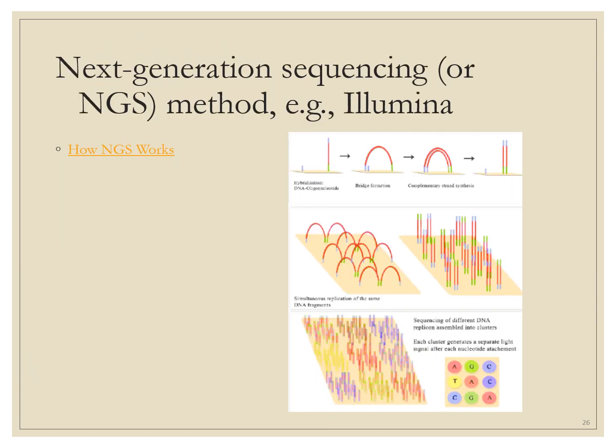Next-gen sequencing is quite complicated, and it varies based on what platform you're using. So Illumina and PacBio have completely different methodologies. There is a link right here if you want to watch a little video about how Illumina sequencing works.